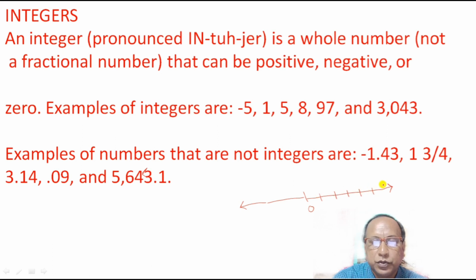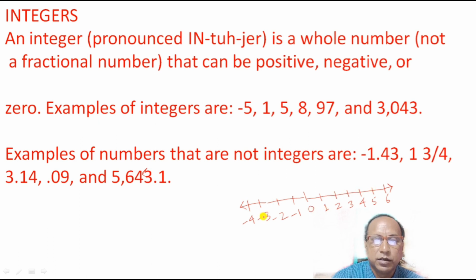And this is -1, -2, -3, -4. That means integers are positive integers and negative integers including 0.